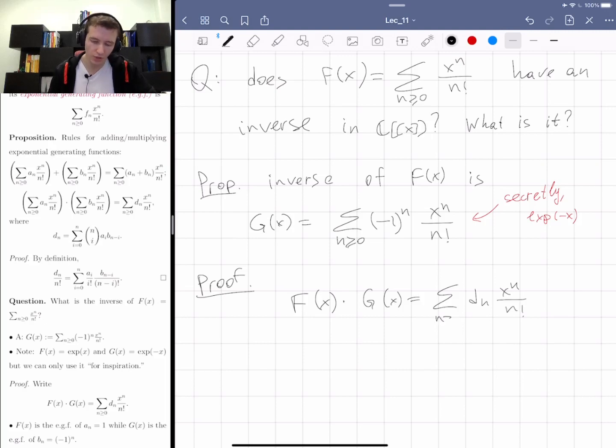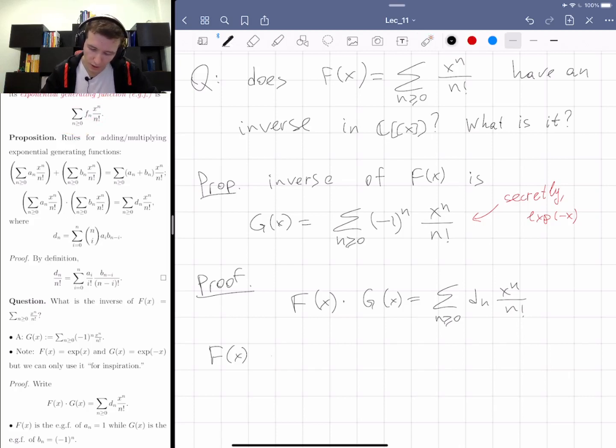I'd like to compute the right-hand side using the product formula. f of x is given by this form. As an exponential generating function, your sequence is just the sequence of all ones. If you look at the definition of the exponential generating function, the f_n here are all equal to 1.